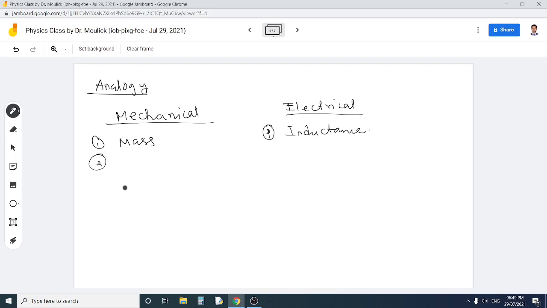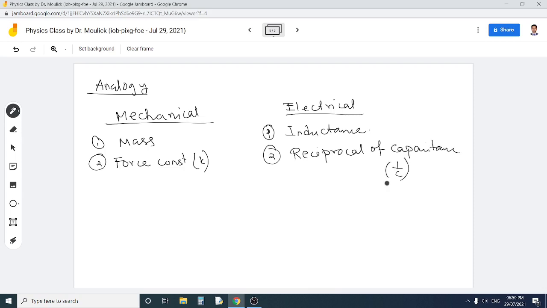Then second, force constant, which is equal to K in a mechanical oscillator. In the electrical sense, you have the reciprocal of the capacitance, that is 1 upon C. The displacement, which is Y in the mechanical oscillator with the equation I have written, many people like to take it to be X or Z, whatever.